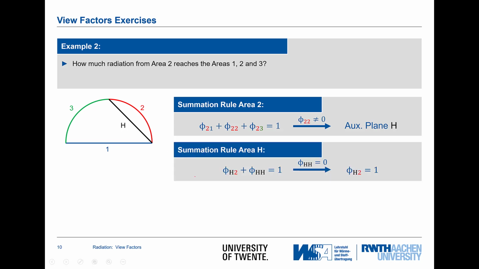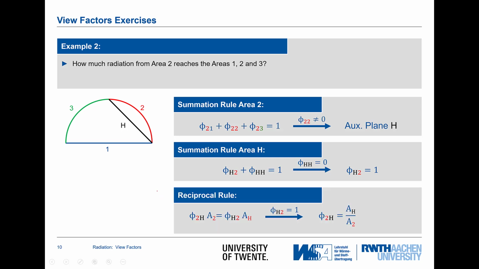Now, summation rule for this area h: phi h to 2 plus phi h to h is 1, and phi h to h, that's a straight line, is 0. So phi h to 2 is 1. All the radiation from this auxiliary plane h reaches surface 2. The reciprocal rule can be put up as well. So phi 2 to h times A2 equals phi h to 2 times Ah.